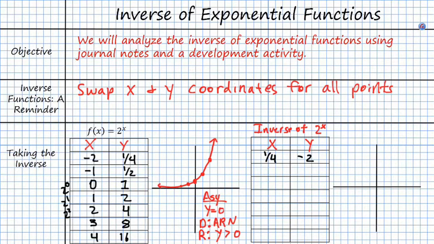Then my x value is 1/2, and my y value is negative 1. Then I've got 1, 0; 2, 1; 4, 2; 8, 3; and then 16, 4.